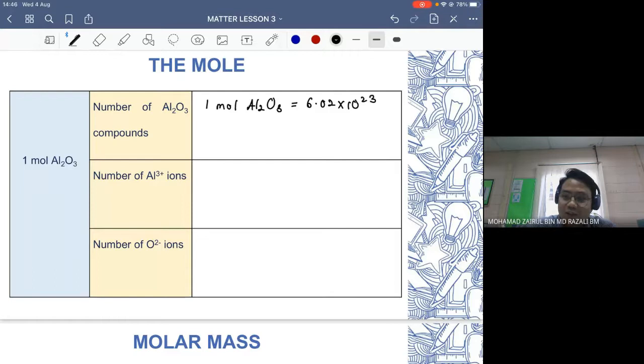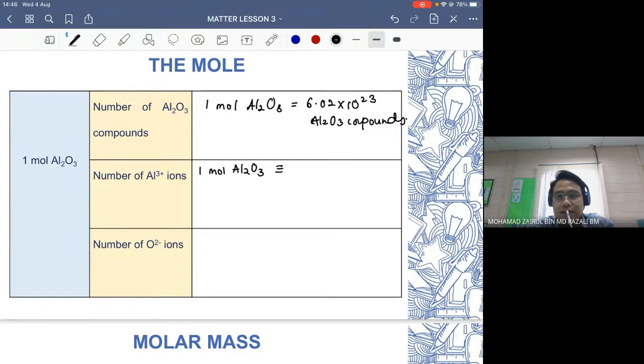So, okay, thank you. Okay, aluminium oxide compound. Okay. So, the number of aluminium ion. Okay. 1 mole of aluminium oxide is equivalent to how many mole of aluminium ion? Ada berapa mole ion dalam tu?